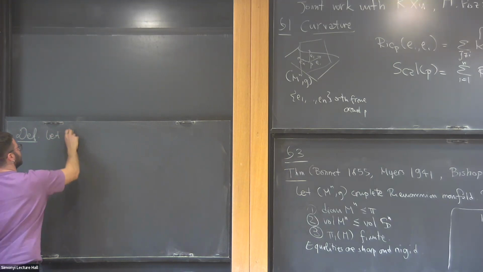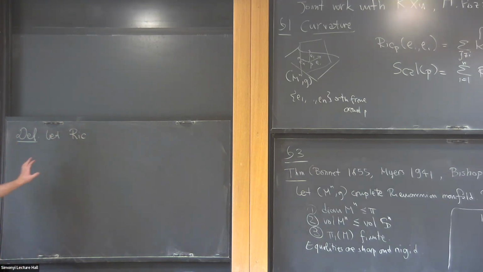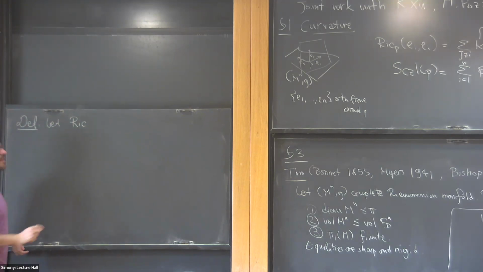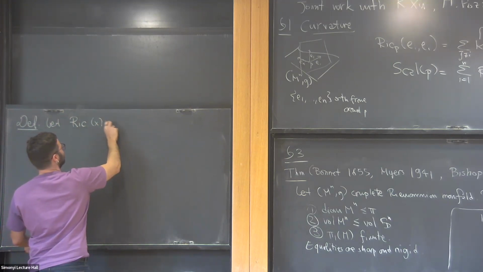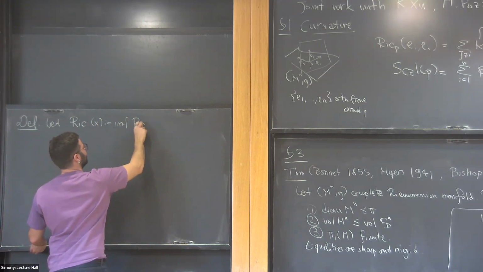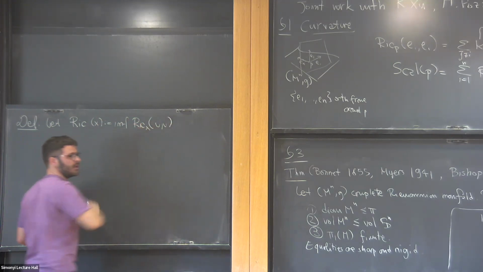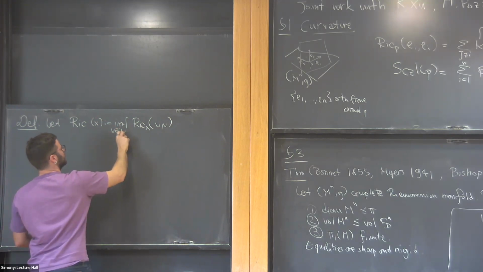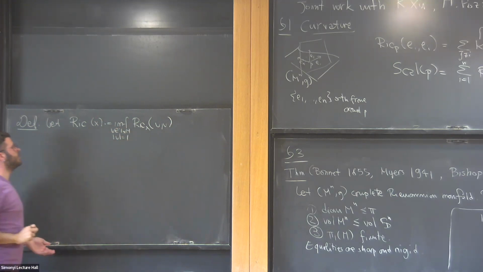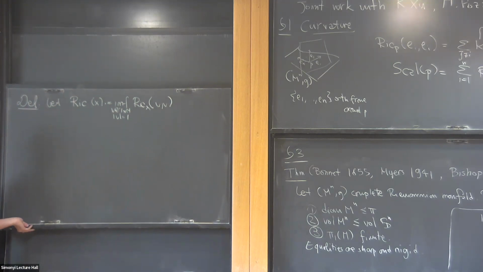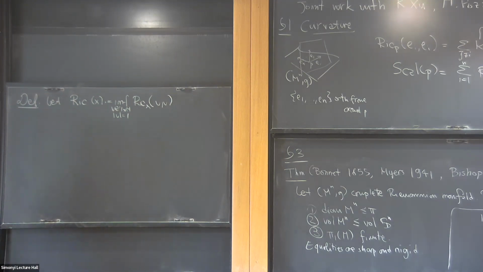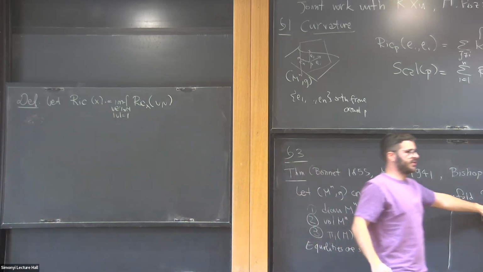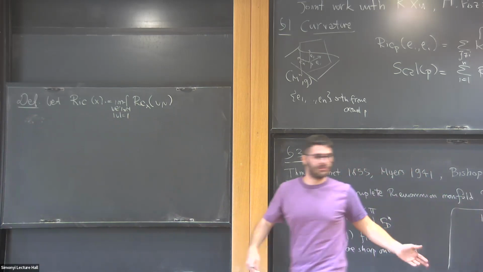Now Ricci from now on is no more a tensor, it's a function, and it's the pointwise lowest eigenvalue of the Ricci curvature. So from now on, think of this as the lowest eigenvalue of the Ricci tensor. Of course, this is consistent with writing Ricci greater or equal than n-1, and now we can understand this as a function greater or equal.